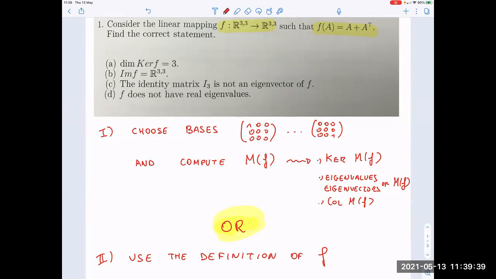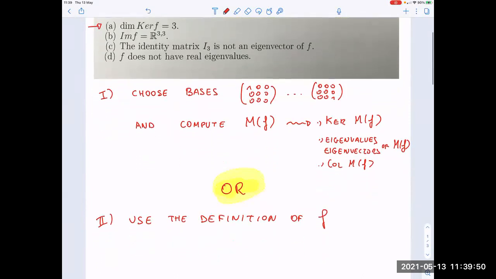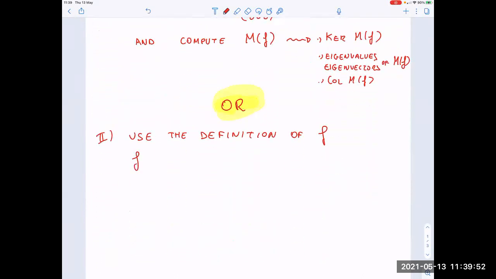So for example, let's say we want to say something about the kernel of F. Let's do this together. I write here again, F goes from 3 times 3 matrices into 3 times 3 matrices.